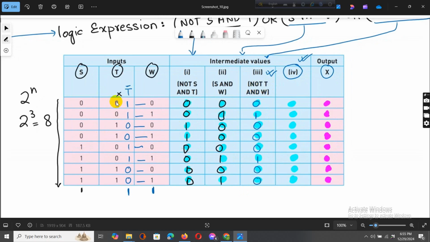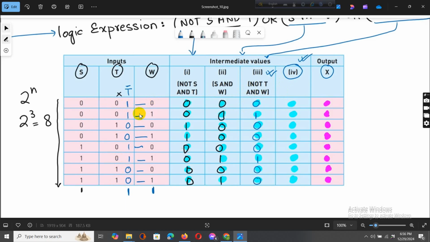Our third expression is NOT T and W. So we have to select the T column and W column. Since there is a NOT T, we have to invert all the values of the T column, and we can write it here as T bar. So 0 becomes 1, 0 becomes 1, 1 becomes 0, 1 becomes 0, 0 becomes 1, 0 becomes 1, 1 becomes 0, 1 becomes 0. As this is the AND operation, we do multiplication.